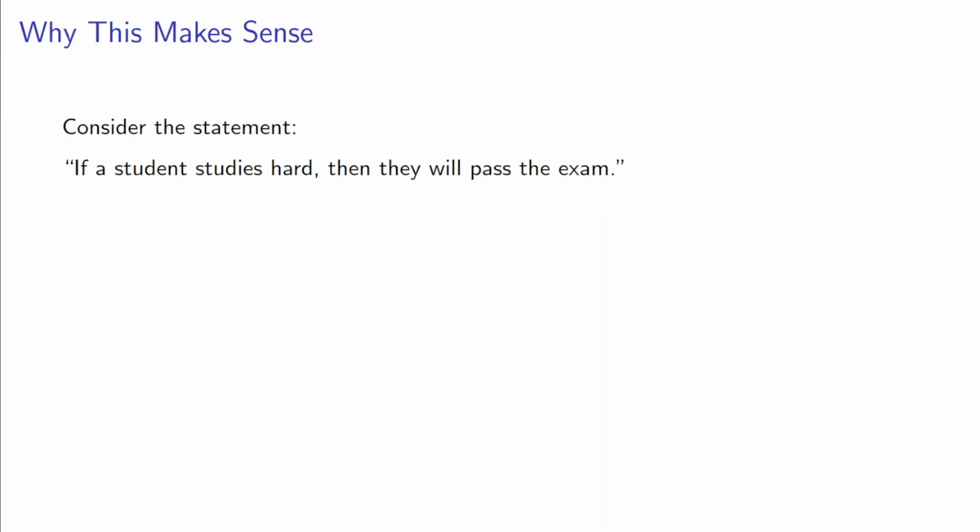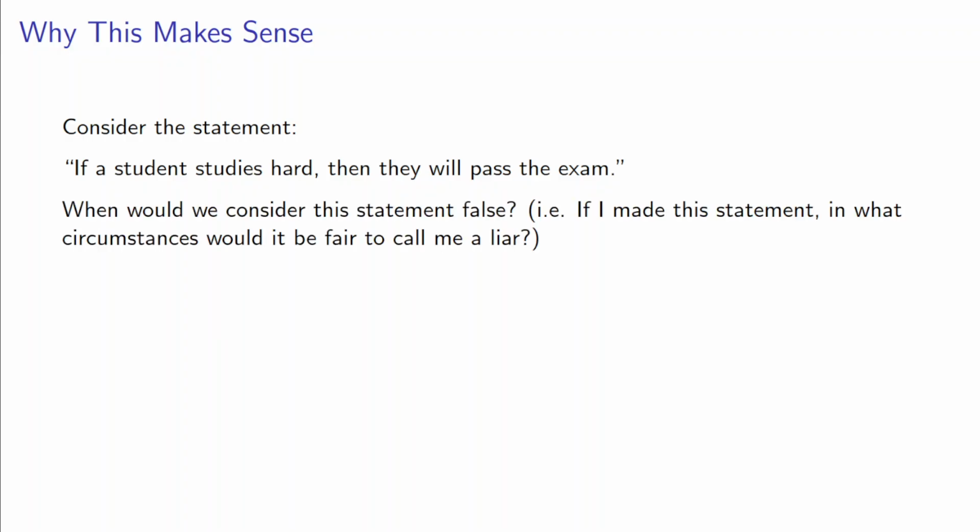Why does this make sense? Consider an example here. If a student studies hard, then they will pass the exam. When would we consider this statement false? I.e., if I made this statement, in what circumstances would it be fair to call me a liar? That would only be if the student studied hard and did not pass. That would be the only situation where you could claim that this statement is false.